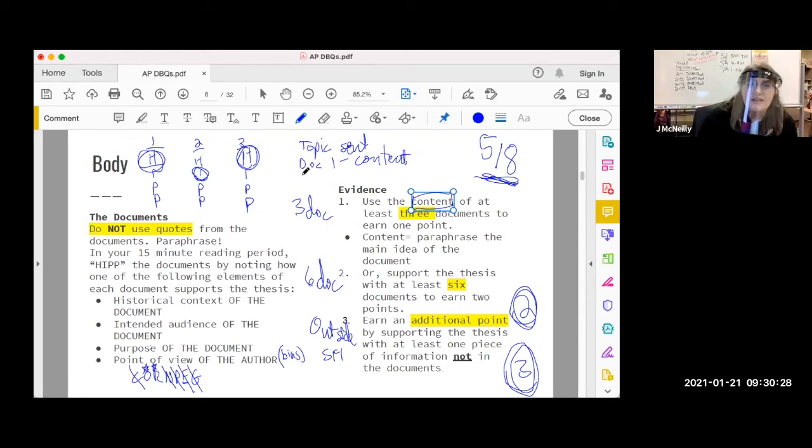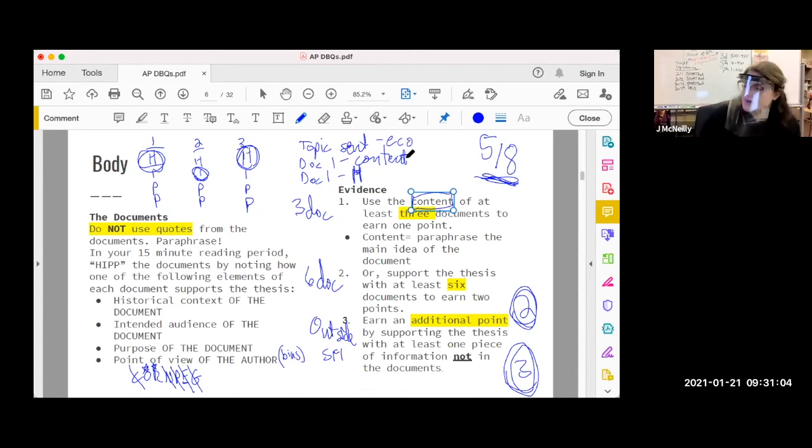Then you use the document. The historical context of document 1 indicates the wealth in the form of bullion that was imported to Spain from the gold and silver mines of the former Aztec and Inca empires. Okay, so topic sentence, economic effects or economic causes, you could do either. Document 1, content statement, just a summary. Document 1, H for HIP, describing how it relates to your topic sentence. Easy peasy, move on. Are we good?